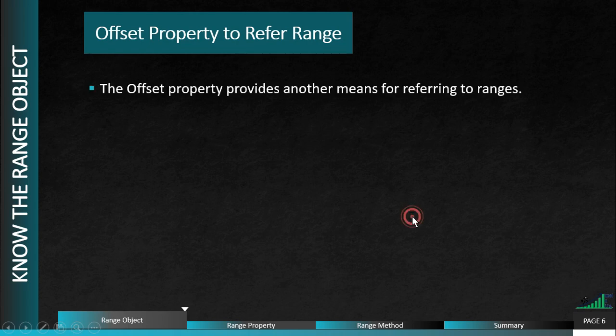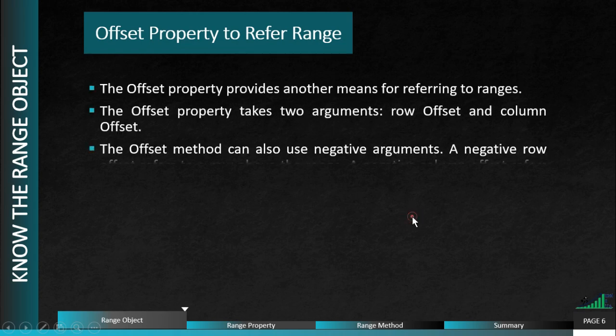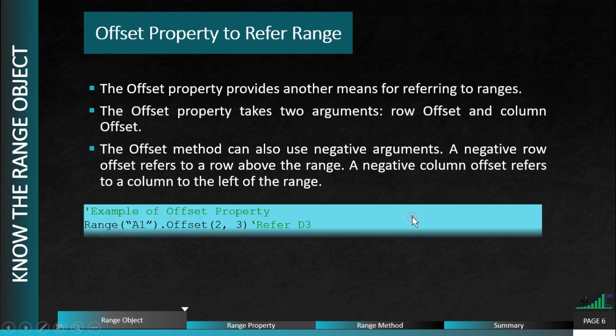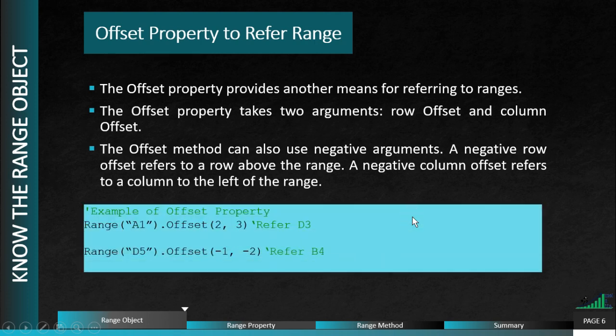Offset property is another way to refer to a range. Offset, I have explained the other day, starts from 0, 0. 0, 0 is the same cell. If you write Range(A1).Offset(0, 0), that is row 0, column 0, that means we are referring to the same cell.